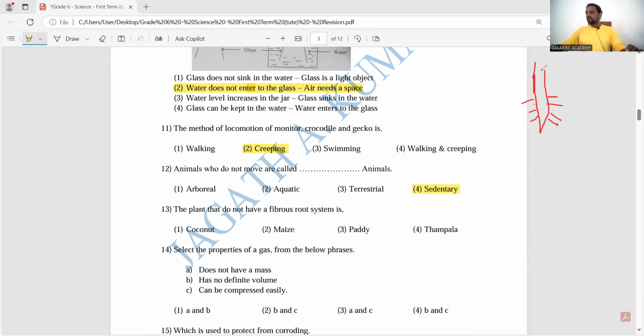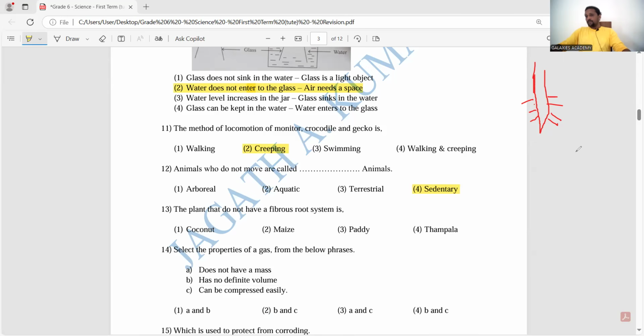Taproot means the large root originated from the bottom of the stem. Right. The examples for the taproot system: jack tree, right? Shoe flower, chili, then also mango, right? These mentioned plants contain taproots. So they are known as taproot system plants.